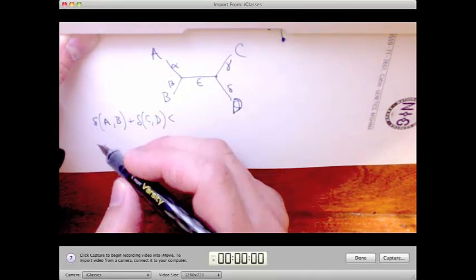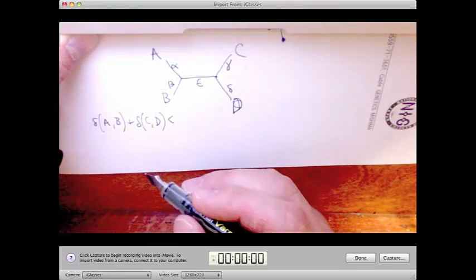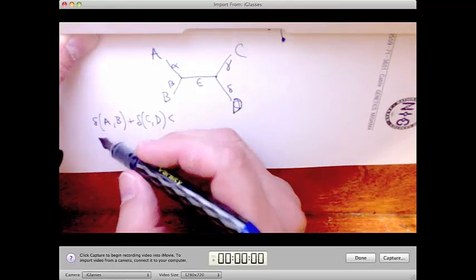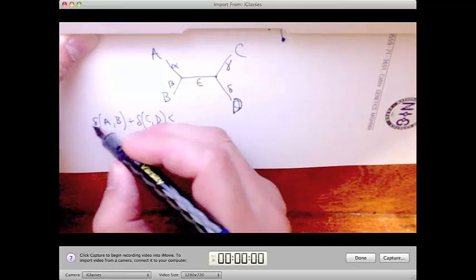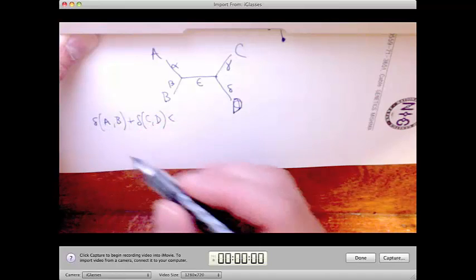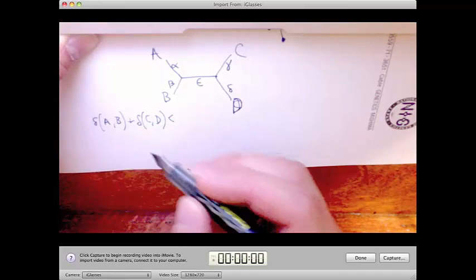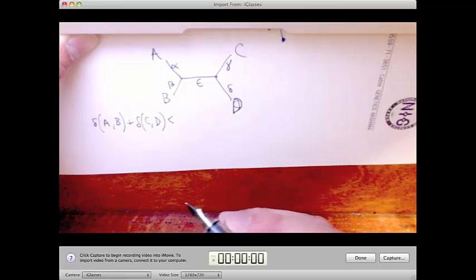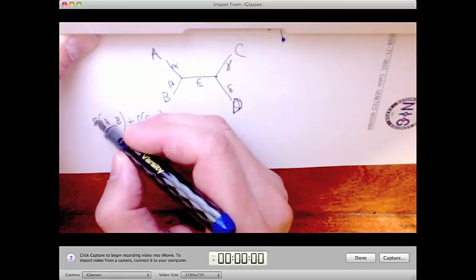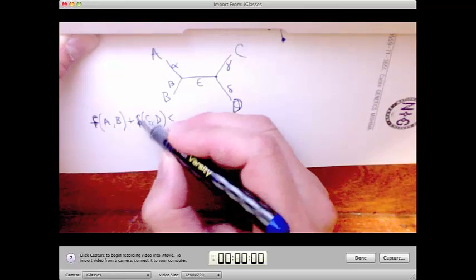What do you want to call it? Want capital D? Okay. Zeta. Well, I want something simple here. I'm just going to call it F for some function.